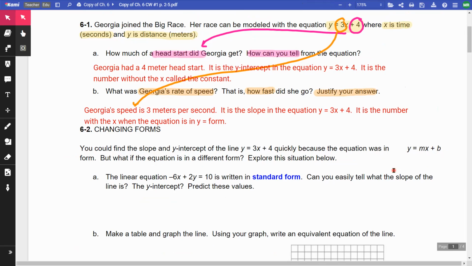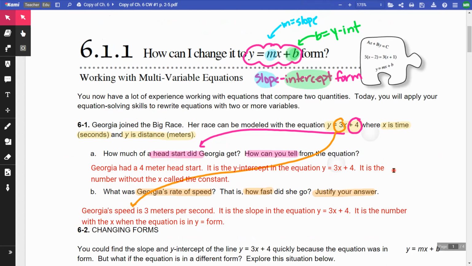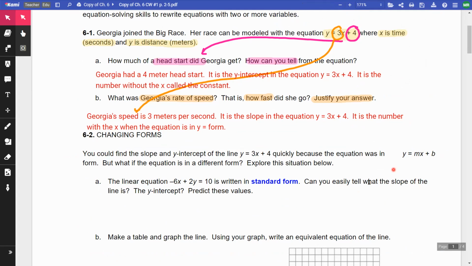And again, we call that form slope-intercept form. But what if the equation is in a different form? Explore this situation below. So in this situation, we have the linear equation negative 6x plus 2y equal 10. And this is written in standard form. It says here, can you easily tell what the slope of the line is, what the y-intercept is?